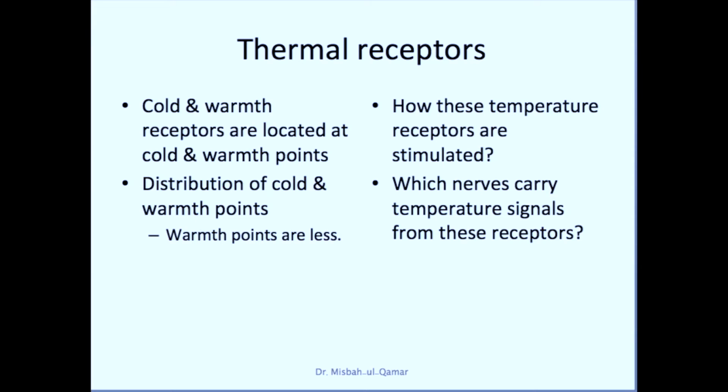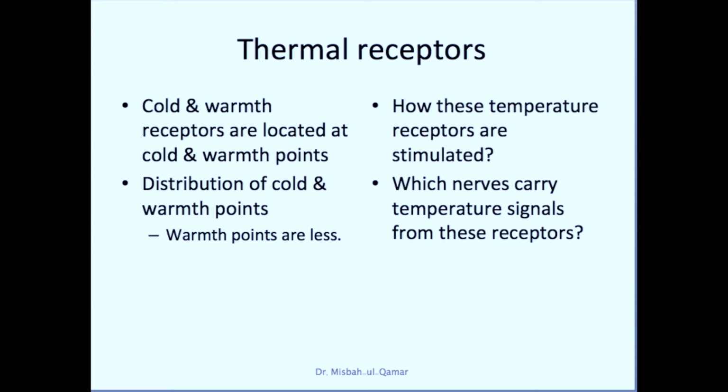So, about the location of these thermal receptors, cold and warmth receptors are located immediately under the skin at discrete but separated points, and each point has a stimulatory diameter of around 1 millimeter.